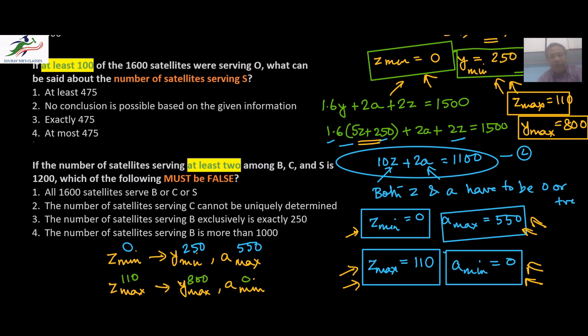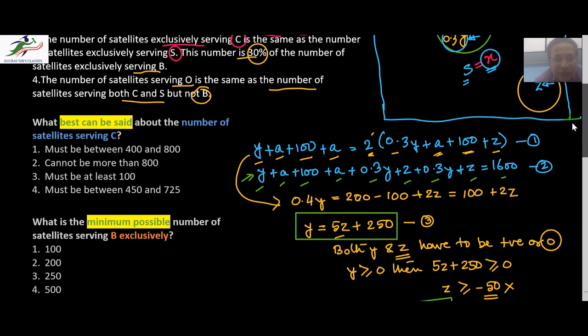So these are the two sets of boundary conditions that define the values of A, Y, and Z. So that is all we need to solve the questions. So let us look at the questions.